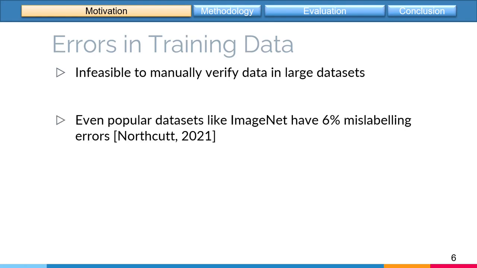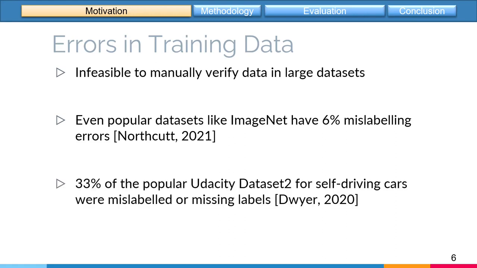In fact, studies have shown that even well-used public datasets, like ImageNet, have 6% of their training data mislabeled. And in a popular open dataset for training self-driving cars, 33% of the images were found to be either mislabeled or were missing labels altogether. These are worrying discoveries, since faulty training data appears to be quite prevalent.